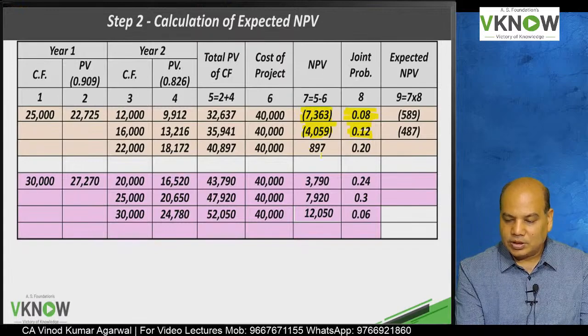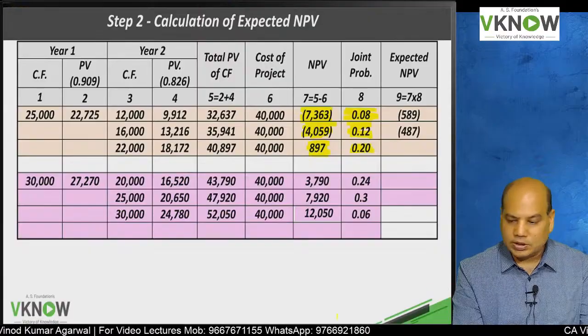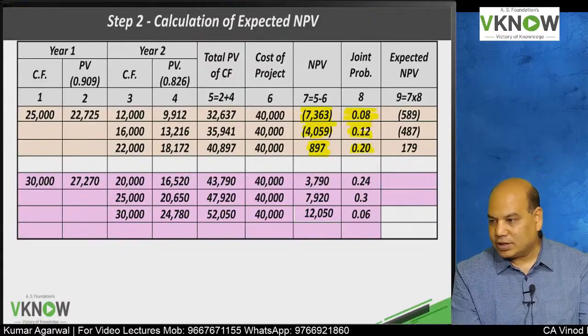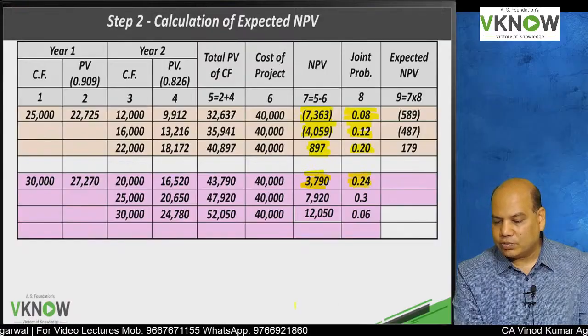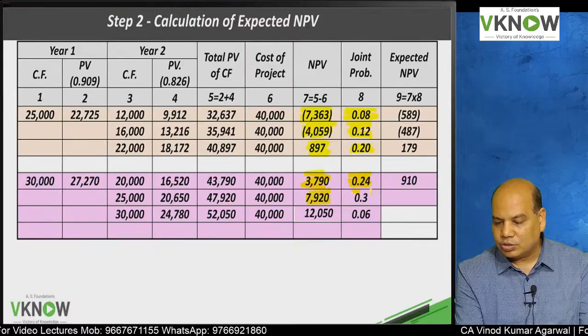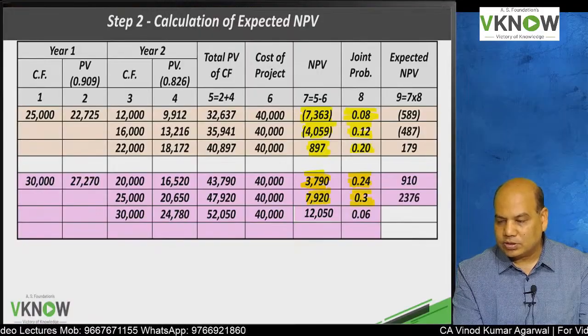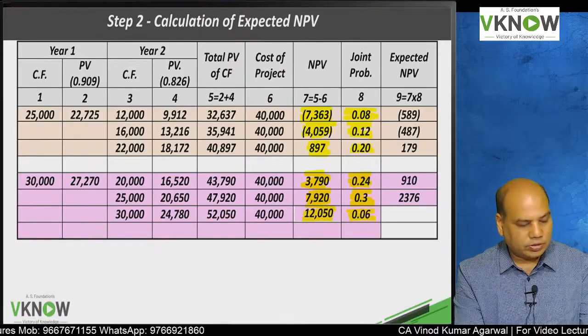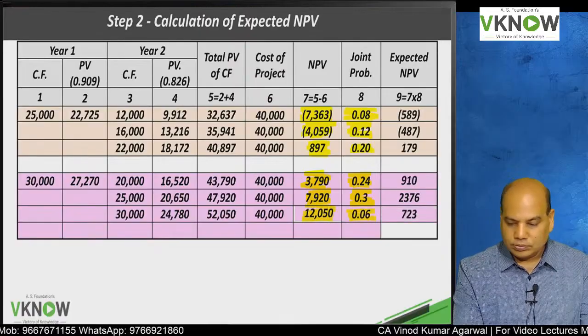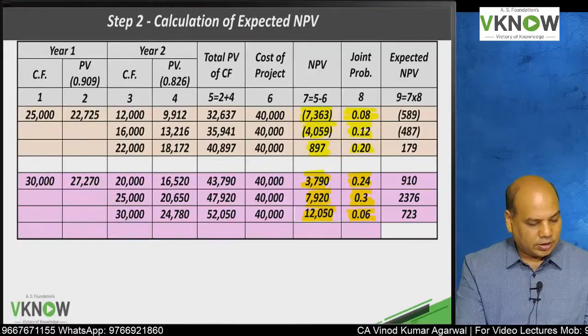Remaining will be memory plus 897 into 0.20 equal to memory plus 179. 3790 into 0.24 equal to memory plus 910. 7920 into 0.3 equal to memory plus 2376. 12050 into 0.06 equal to 723.